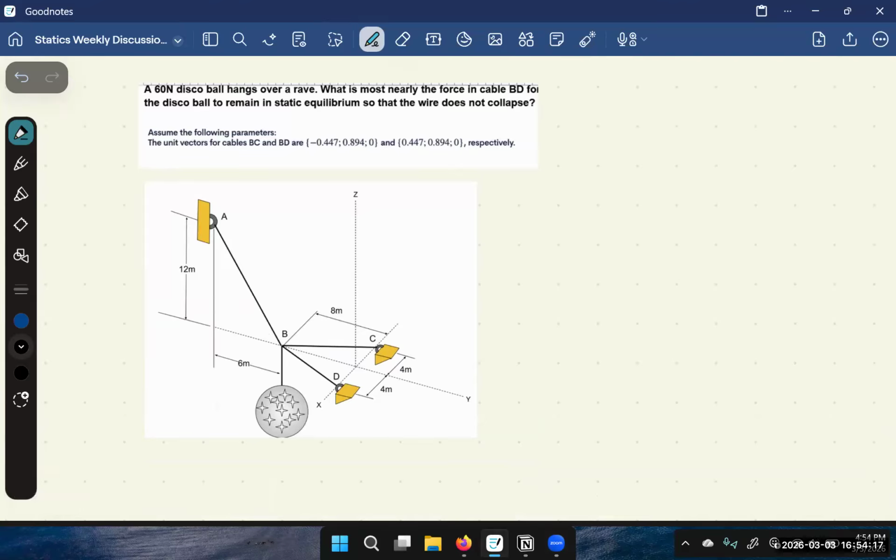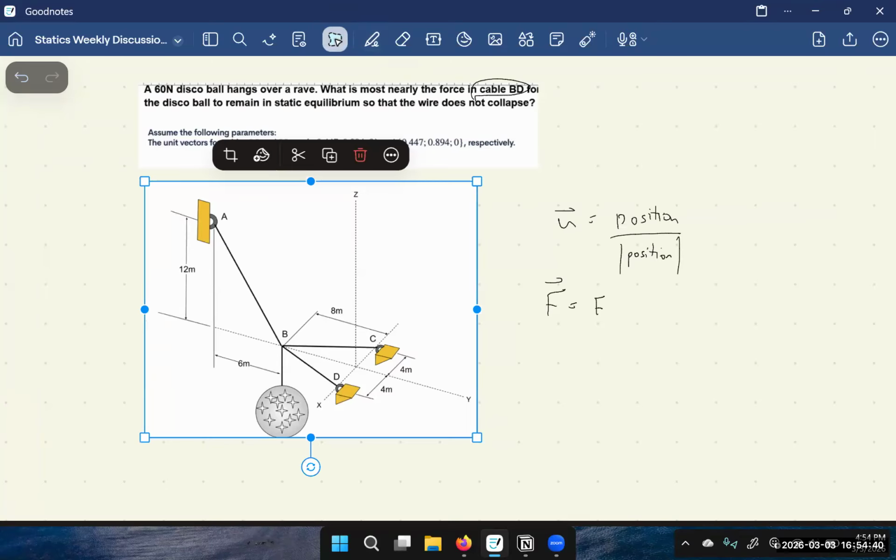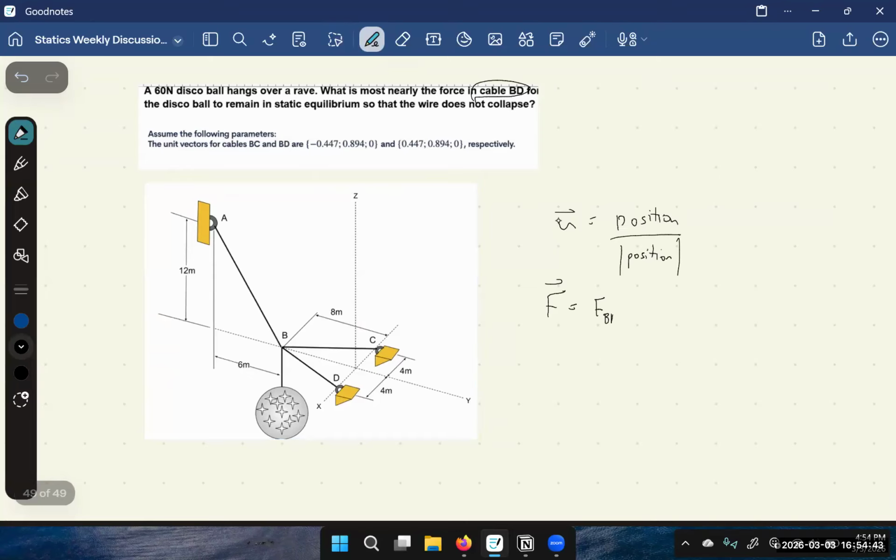Unit vector U is the position vector divided by the magnitude of the position vector. And you can think of the force as a vector. You have, let's say, force BD, that's what we're looking for, times the unit vector.